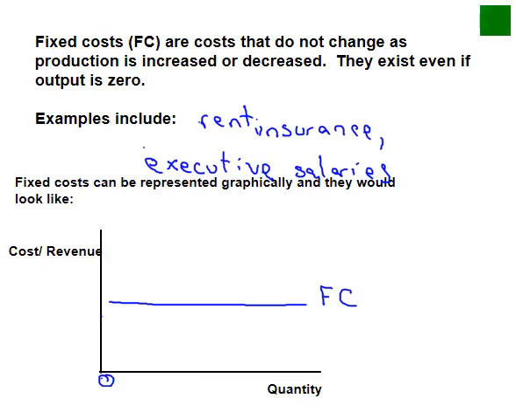Fixed costs are costs that do not change as production is increased or decreased. So in other words, you have to pay for these things even if you produce absolutely no units.